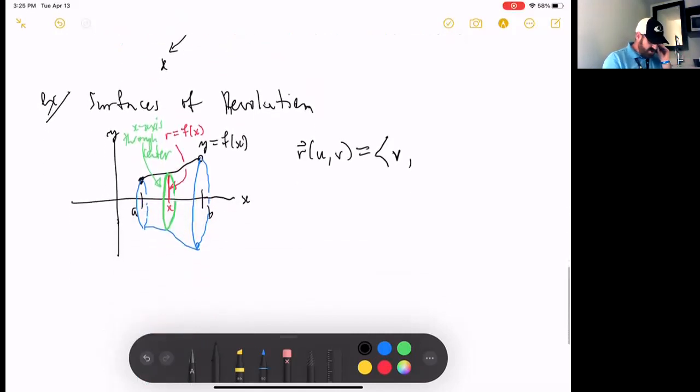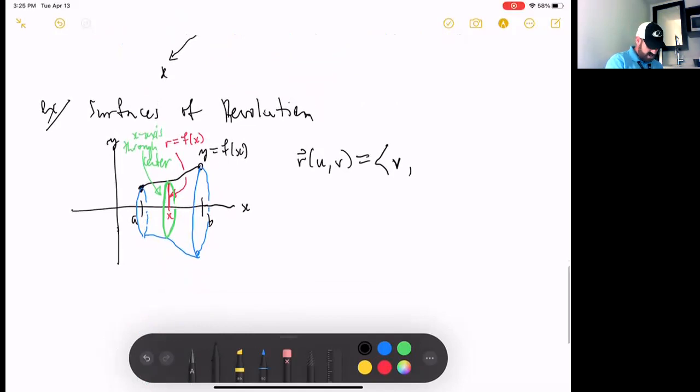Whatever v happens to be, remember, our x coordinate is v. We're kind of replacing x with v itself. Wherever our x coordinate is, which is also v, we get a radius, which is going to be f of v.